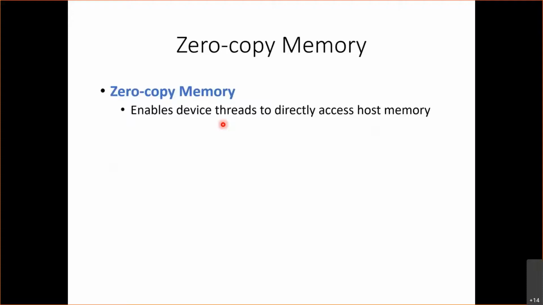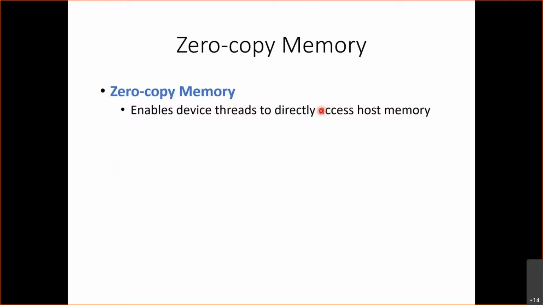So rather than us having to do a CUDA copy explicitly, we can just allocate the data, but of course there's a special way to do it. We can't just use the regular CUDA malloc. The idea is that we can allocate the data and then not copy it, but instead, once the thread accesses that data, the runtime system will copy that data from the CPU to the GPU on demand. Okay.